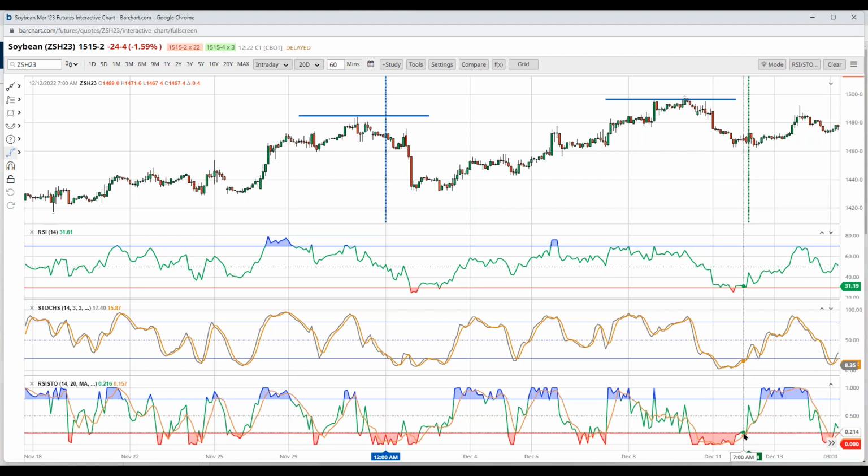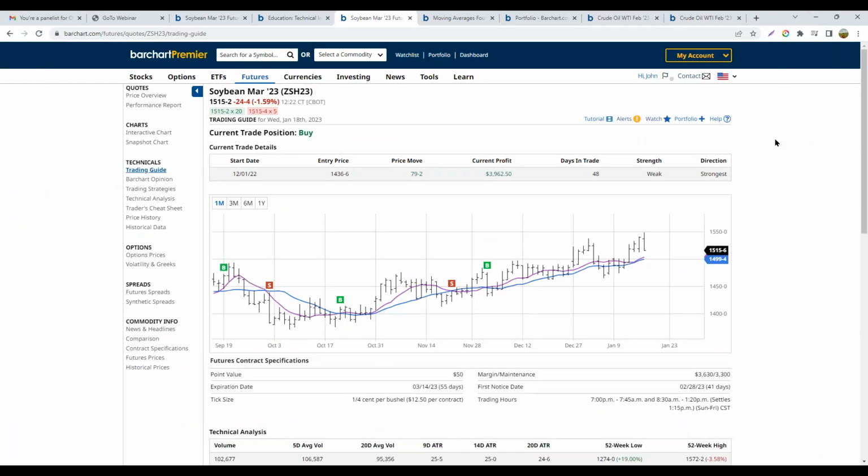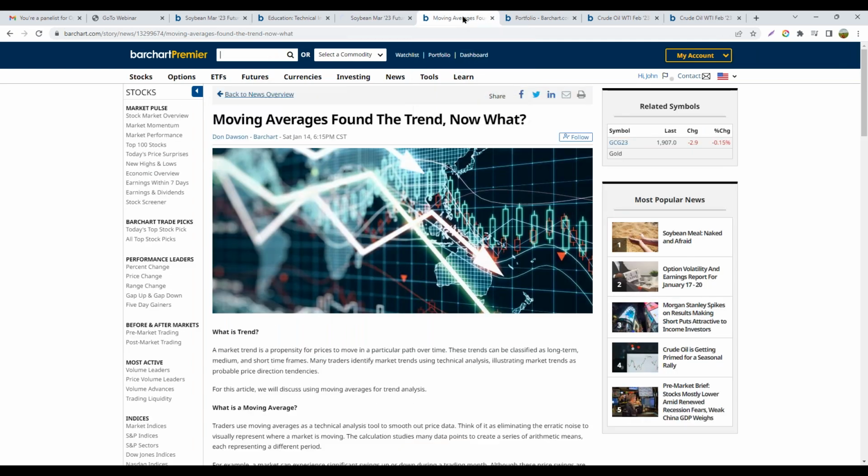Okay, so this was a bit of a mouthful, a little bit of a complex idea about trend analysis, but I think for some more intermediate and advanced traders, you'll understand this. But for those of you who are new to this process, what I'm going to do here is show you something, and I'm going to deviate away from the Futures Trading Guide page for just a moment.